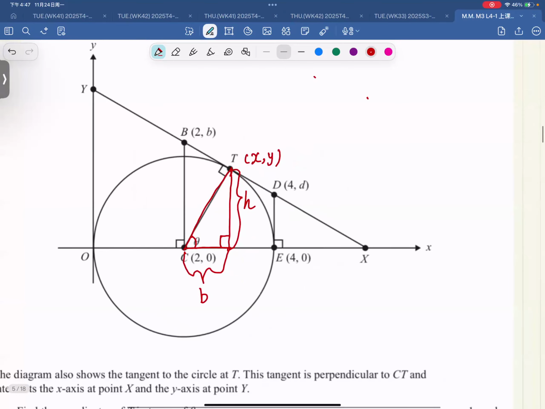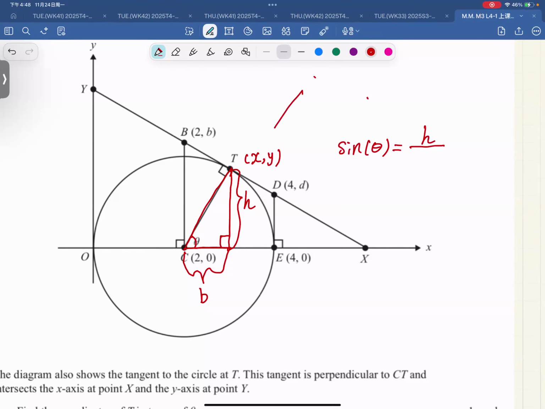Now, can you find the... Okay. So if I write sine theta is equal to which side over... Which one is the hypotenuse?